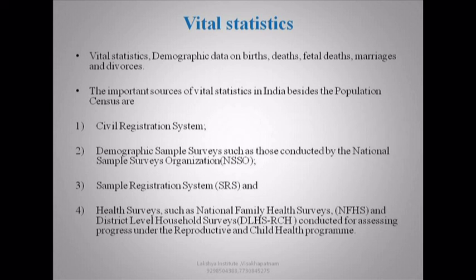Demographic sample surveys such as those conducted by the National Sample Surveys Organization, NSO. 3. Sample registration system, SRS, and 4. Health surveys, such as National Family Health Surveys, NFHS, and district-level household surveys, DLHS, conducted for assessing progress under the Reproductive and Child Health Program.